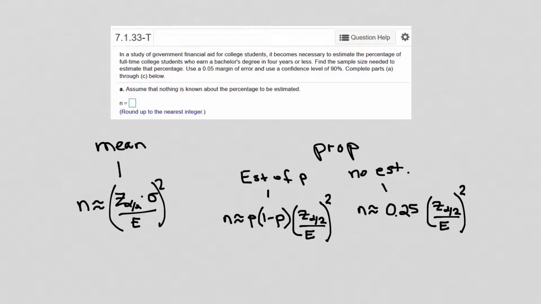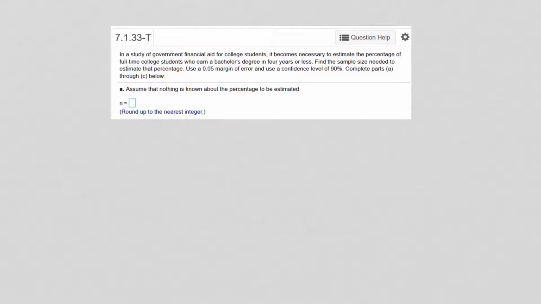So this is the scenario that we have for this problem. There's no estimate for P, so that's the formula we'll use. Okay, we're ready to start our problem.